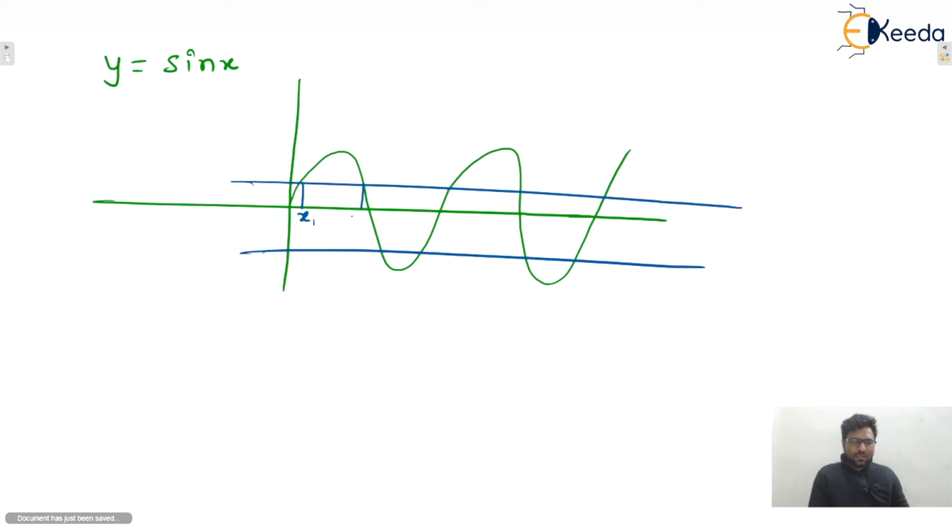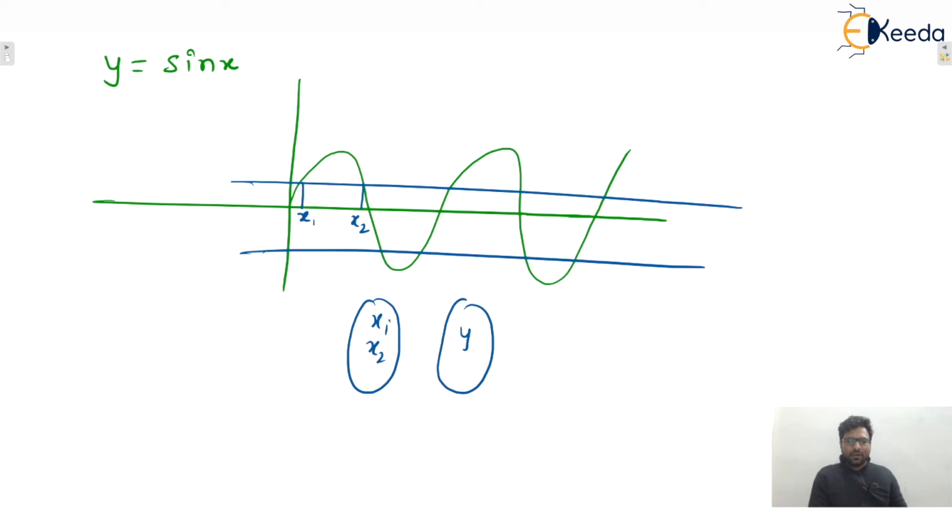Let's say this is x1, this is x2. For x1 and x2 the output is the same. That's why this function is many to one. So if a horizontal straight line intersects at more than one place, then that function is many to one. So directly you can say that this is a many to one function, isn't it?